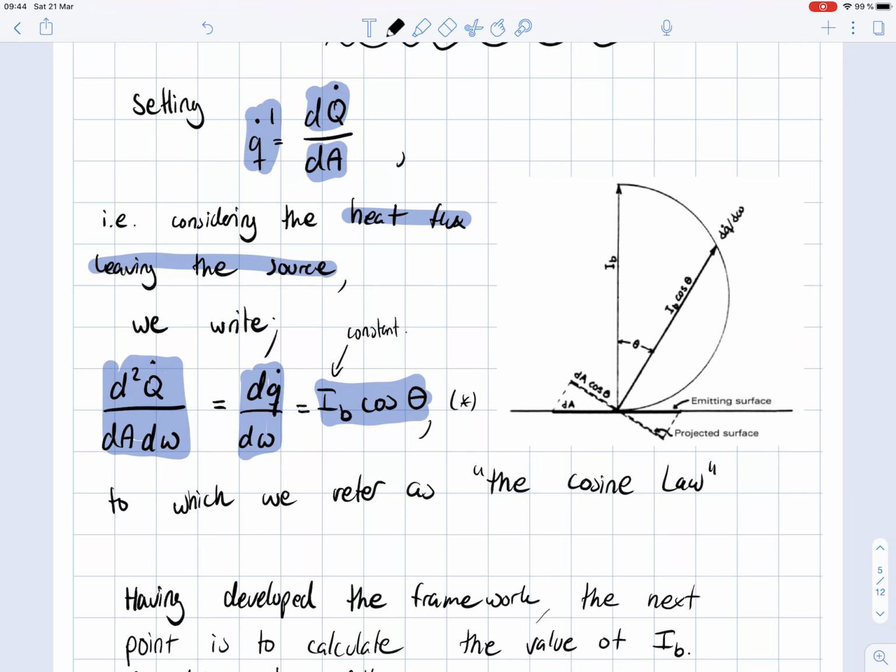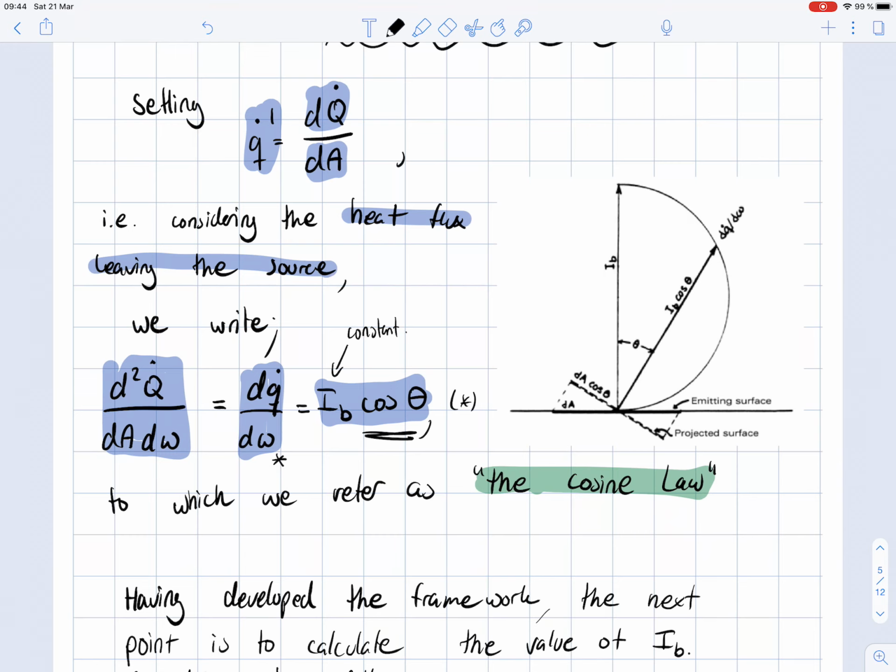This equation is what we refer to as the cosine law, because the intensity, or rather say the change in flux per solid angle, is proportional to the angle at which we are viewing the radiation source.